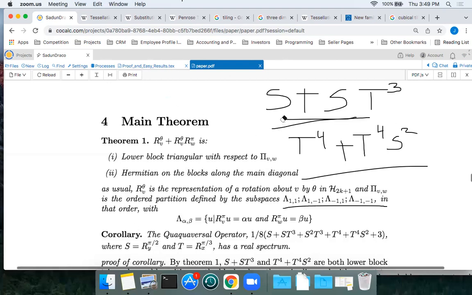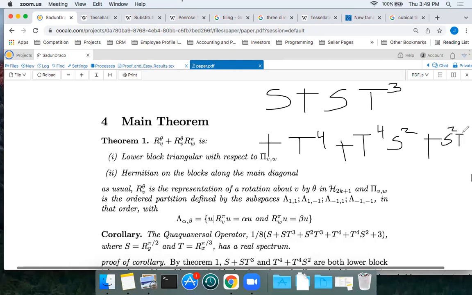This is sort of the main theorem. When that happens, this sum is still going to be lower block triangular and Hermitian on blocks along the main diagonal. And then finally we have to deal with s squared t cubed, the last term. This one behaves even better. On lambda alpha beta, if I live here, then one of these multiplies it by alpha, and the other multiplies it by beta.